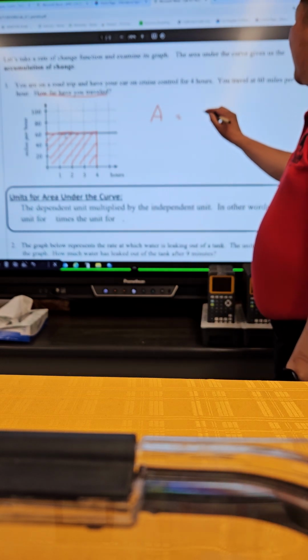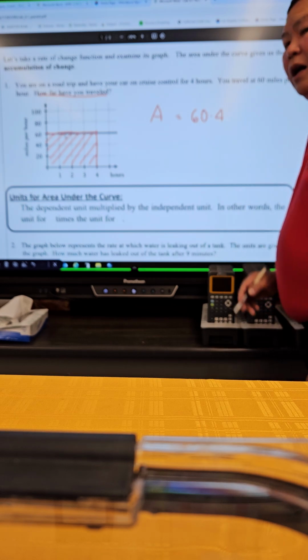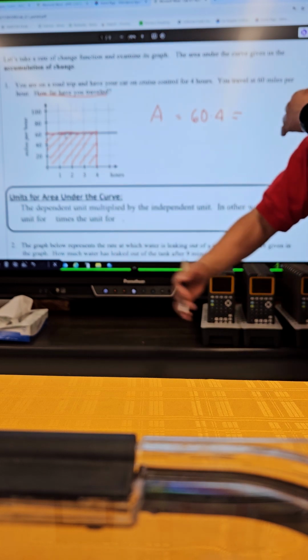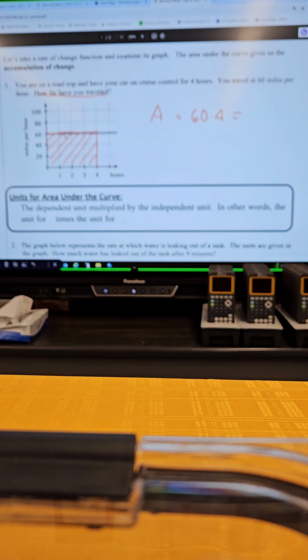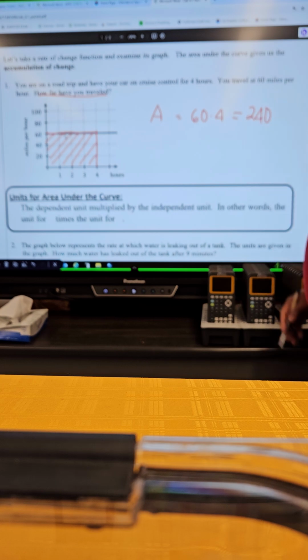So which means 60 miles per hour, but how many hours? 4. So what is the accumulation function now? 240. And indicate the unit. What is the unit? Miles per hour. So mi per. Okay, any question?